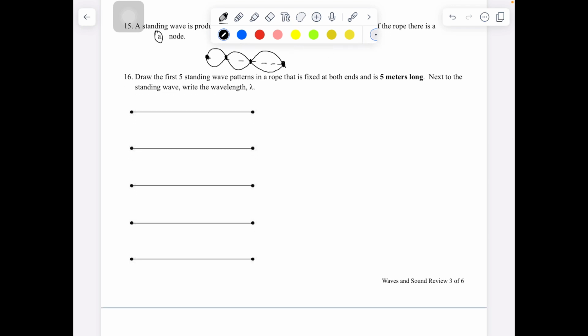Draw our first 5 standing wave patterns for a rope that is fixed at both ends and 5 meters long. Next to the standing wave, write the wavelength. All right, let's go ahead and do it. So, first standing wave pattern, I'm going to do 1/2 like this. We could even draw in our second part of it, like so. 2 loops, the second pattern.